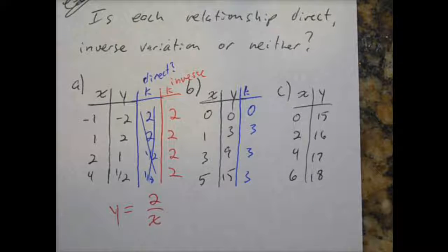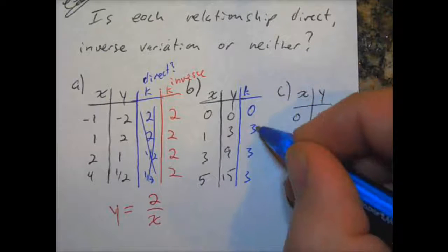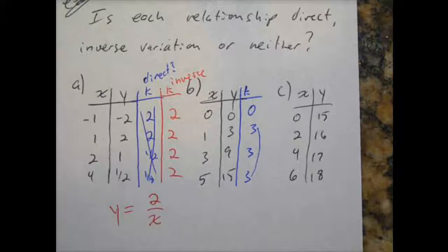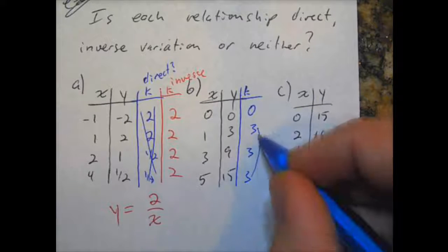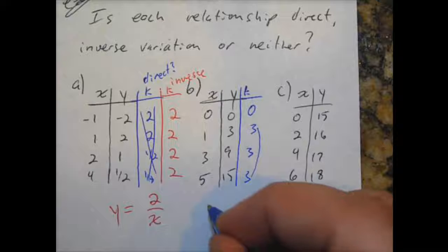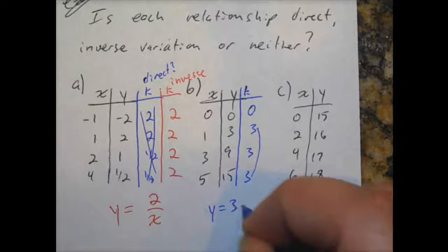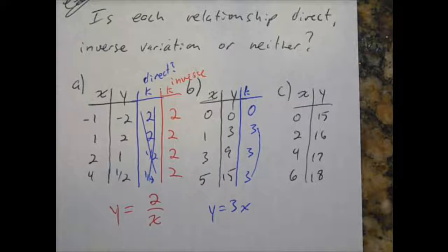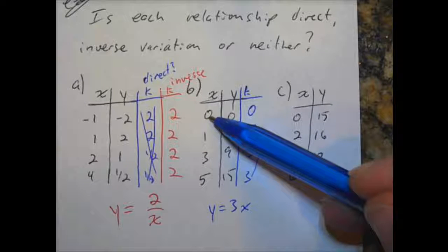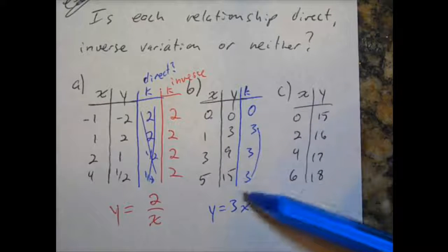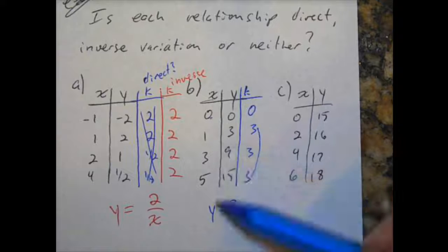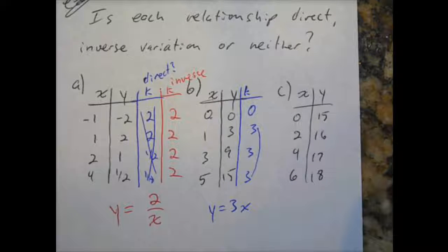Because, well, that's 0, but all the rest are the same. So if I wrote my equation, it would be y equals 3x if it were direct variation. Does that make sense for our 0 case? I mean, if I do 3 times 0 for x, does it give me 0 for y? Yeah. Huh, that's cool.